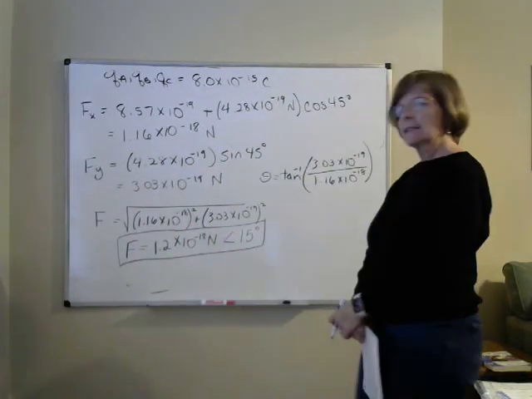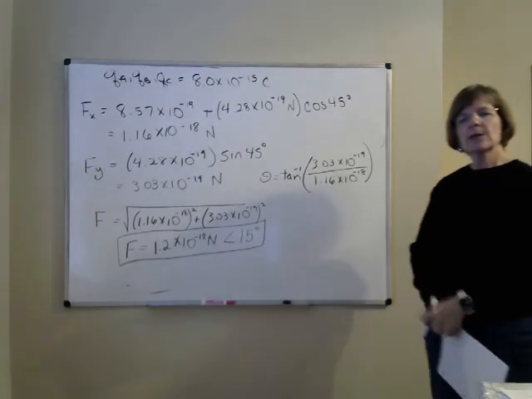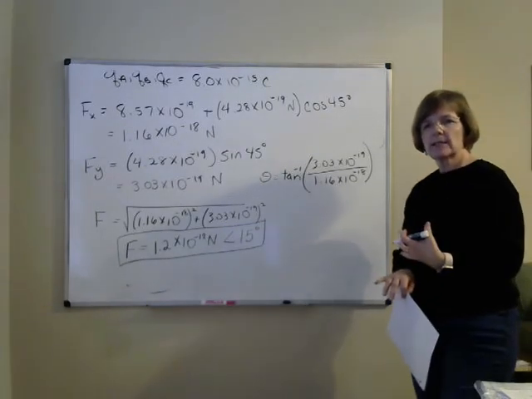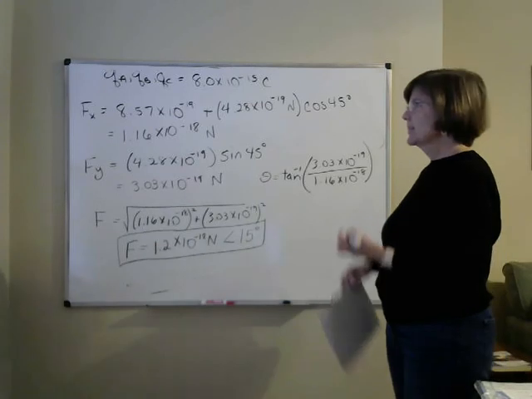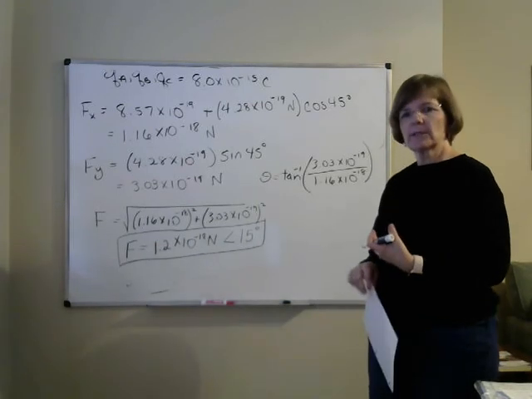That makes sense. I knew it would be between 0 and 45, but I felt like it should be closer to 0 degrees than 45 degrees because the x component was definitely larger than the y component.